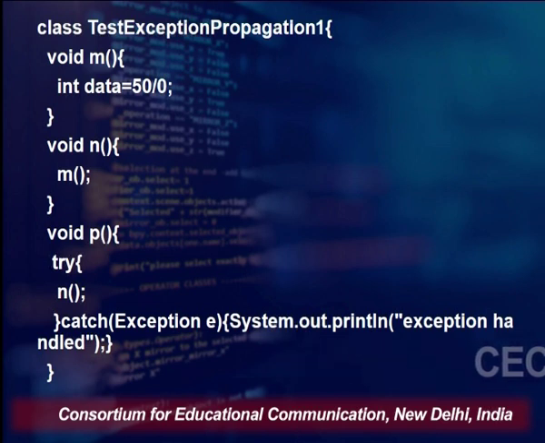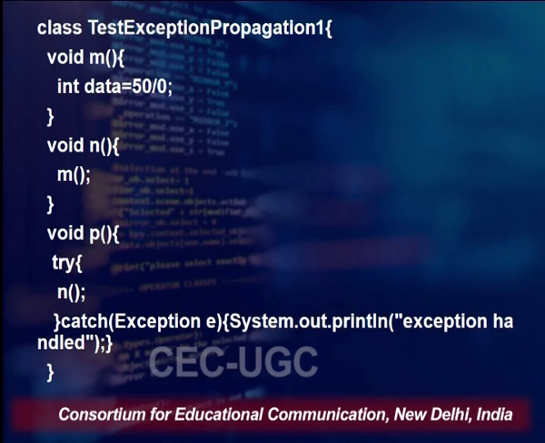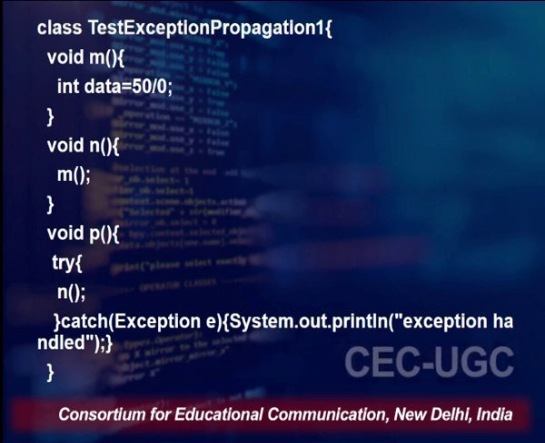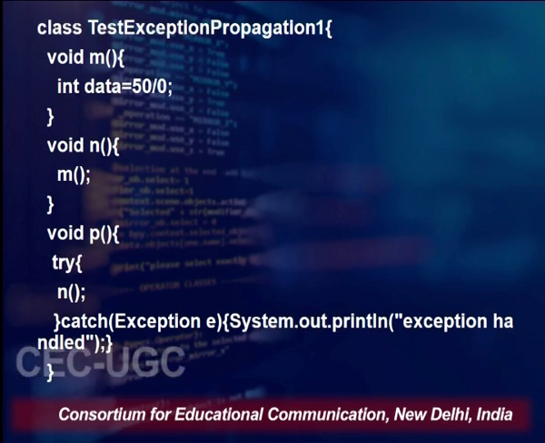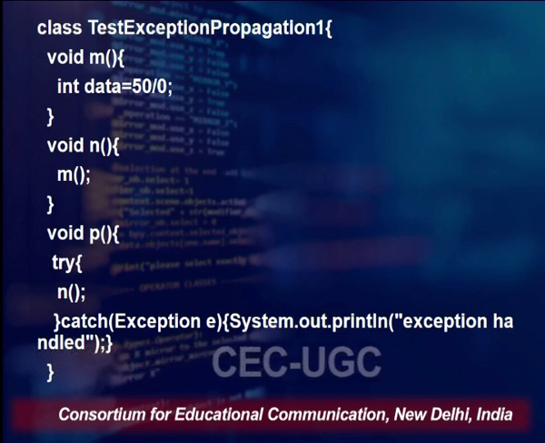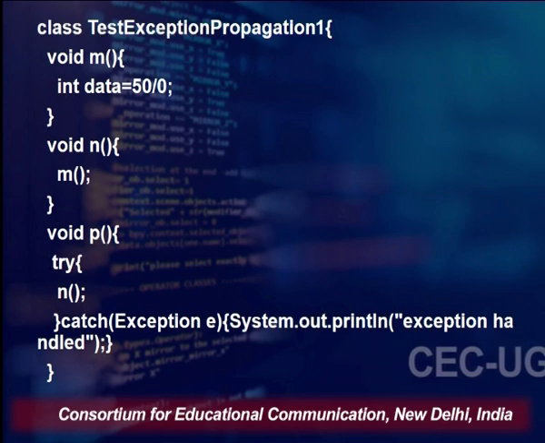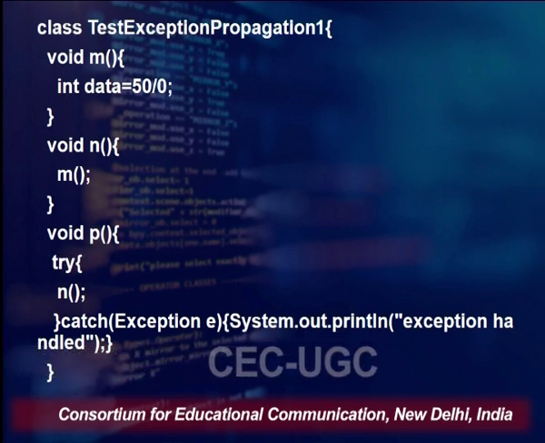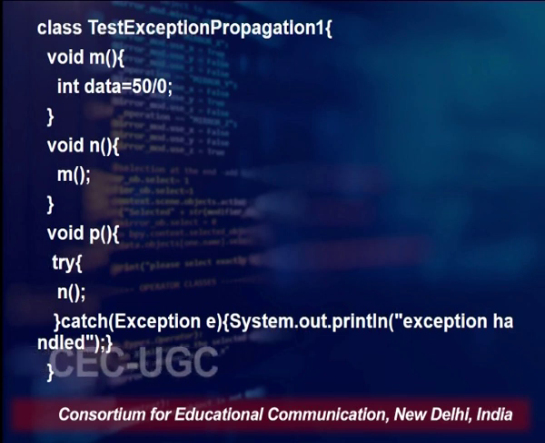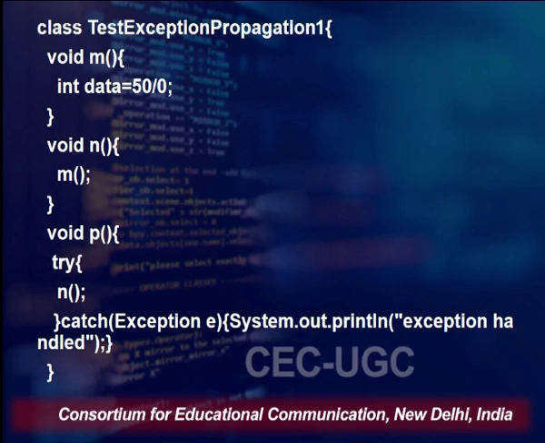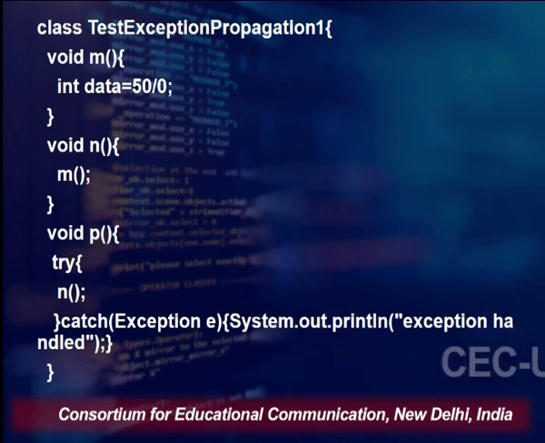Now fortunately or unfortunately, n method is also not having any code for handling this exception. Again this method n is being called inside a method p, but the particular thing here is that the call to n is made within a try block. So in the function p we have a try block, and within that try block this n method is being called, n is calling m, and m is in turn throwing or generating the exception.